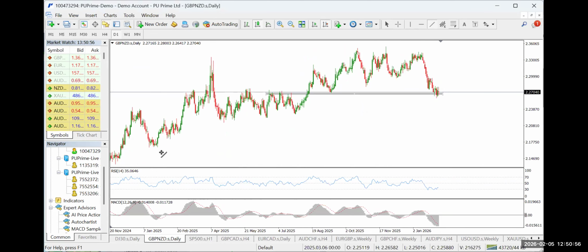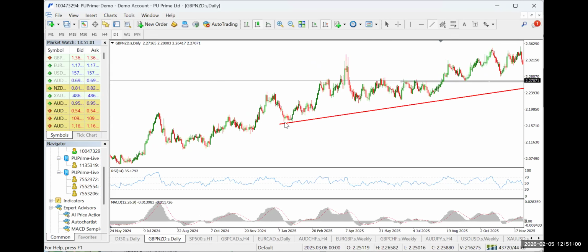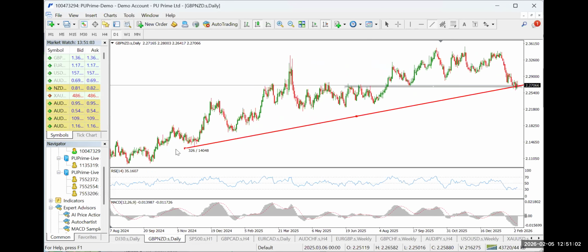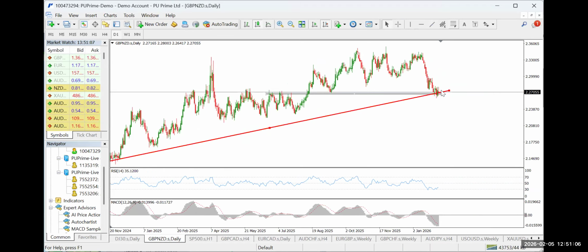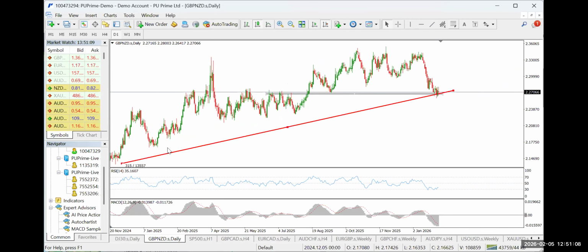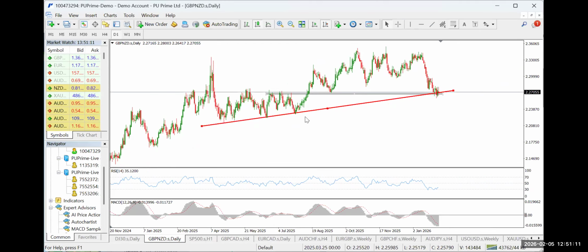Sorry, a move to the upside, pardon me. And subsequently, we also have price making a series of higher lows, higher lows, higher lows. Again, we're looking for a move to the upside.